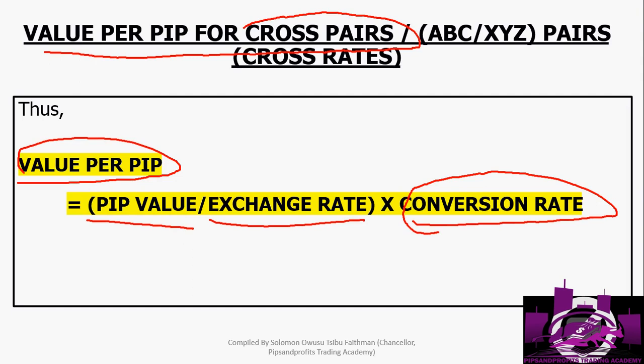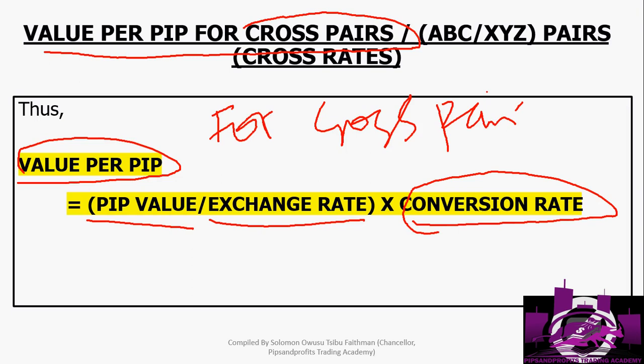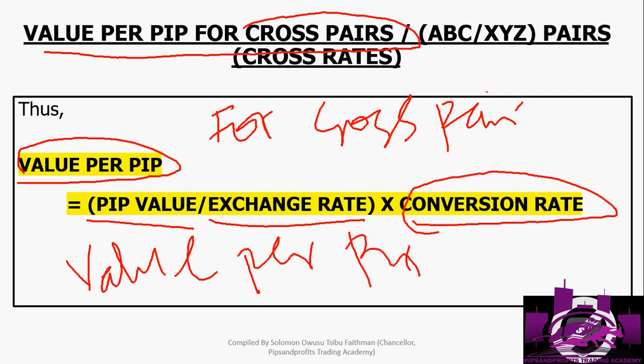Now I want you to write in the chat box: for cross pairs, value per pip is equal to pip value over exchange rate times conversion rate.